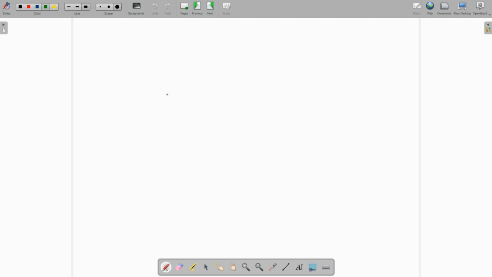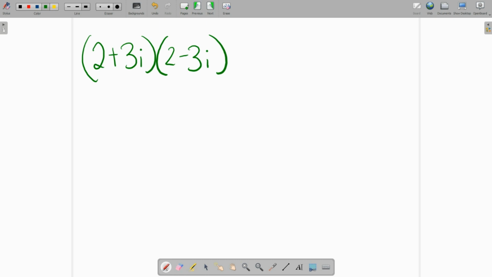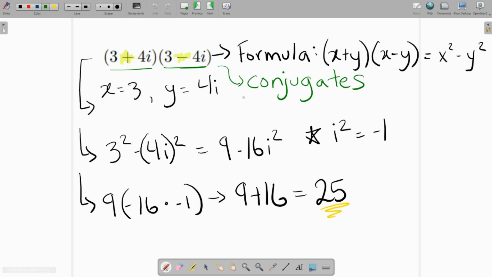If we have 2 plus 3i, and then we multiply it with the conjugate, 2 minus 3i, well, if you notice in our previous examples, this resulted in a real number.